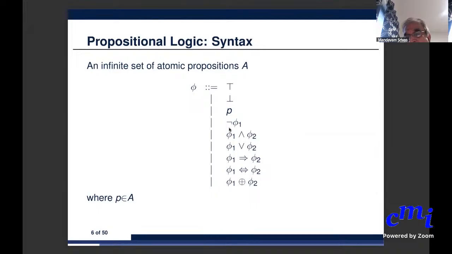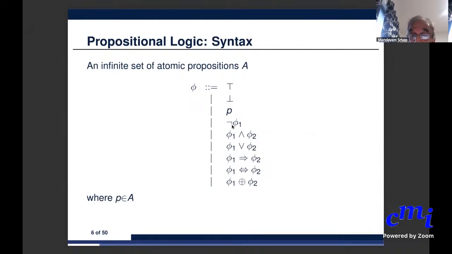Now, just for example, there's the negation connective, the and, the or, implication, equivalence, and this is exclusive or. Now, you can have other Boolean propositional connectives as well, but for illustration, I've just shown these.